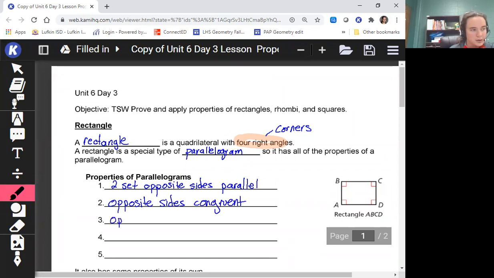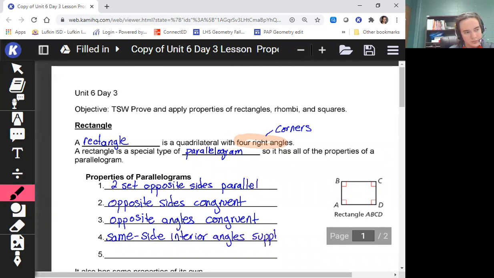Opposite angles that are congruent. Same side interior angles that are supplementary. Which remember, supplementary means that they add to equal 180 degrees.